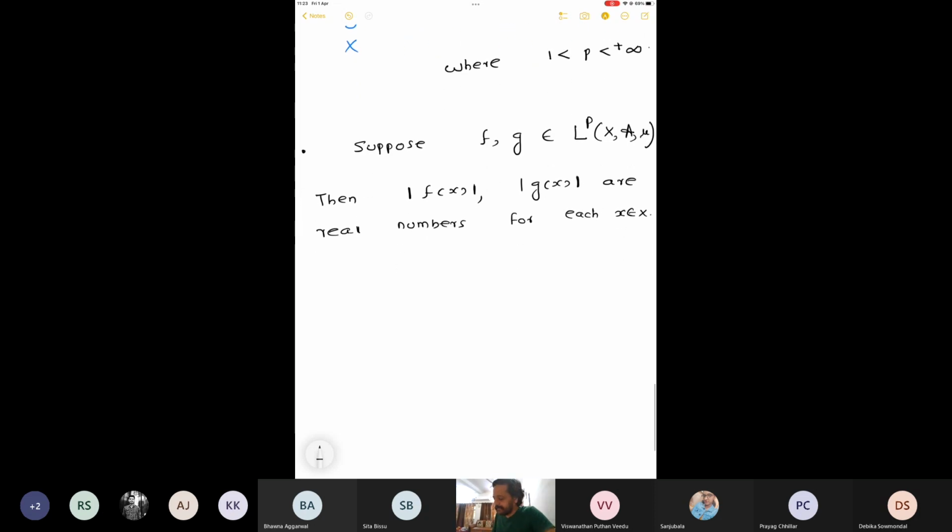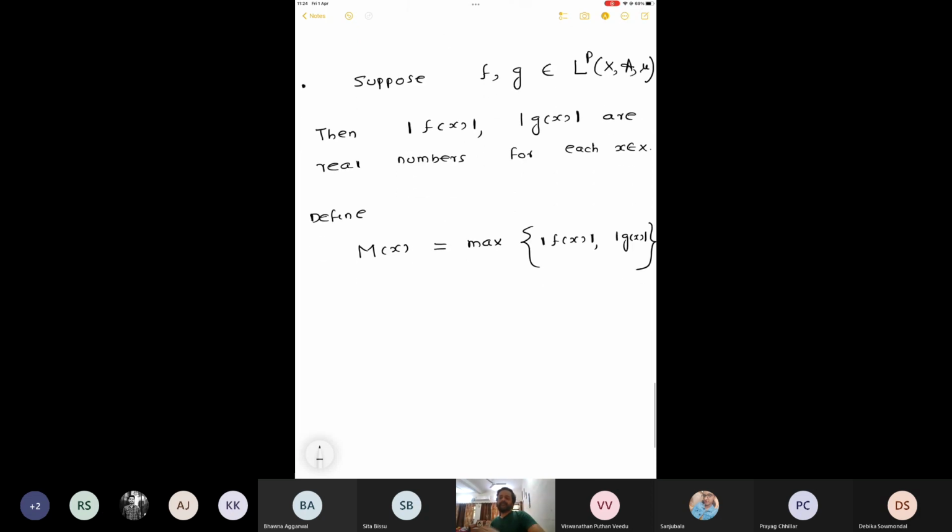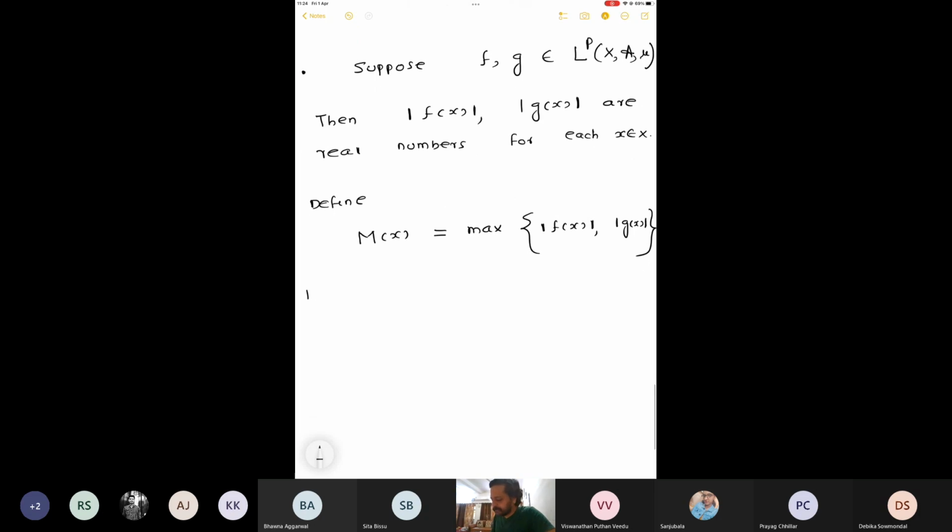Now let us define m(x) equal to the maximum of these two things. For two real numbers, you can find the maximum. Now note that for each x in X, modulus of f(x) plus g(x), by the triangle inequality of a real or complex number, is less than or equal to mod f(x) plus mod g(x).